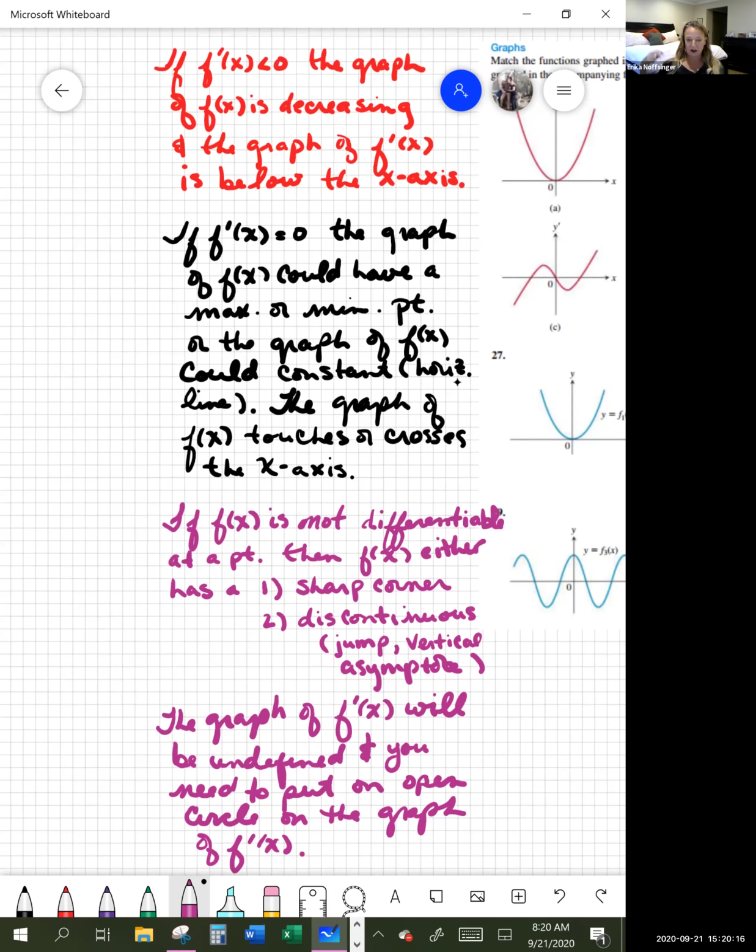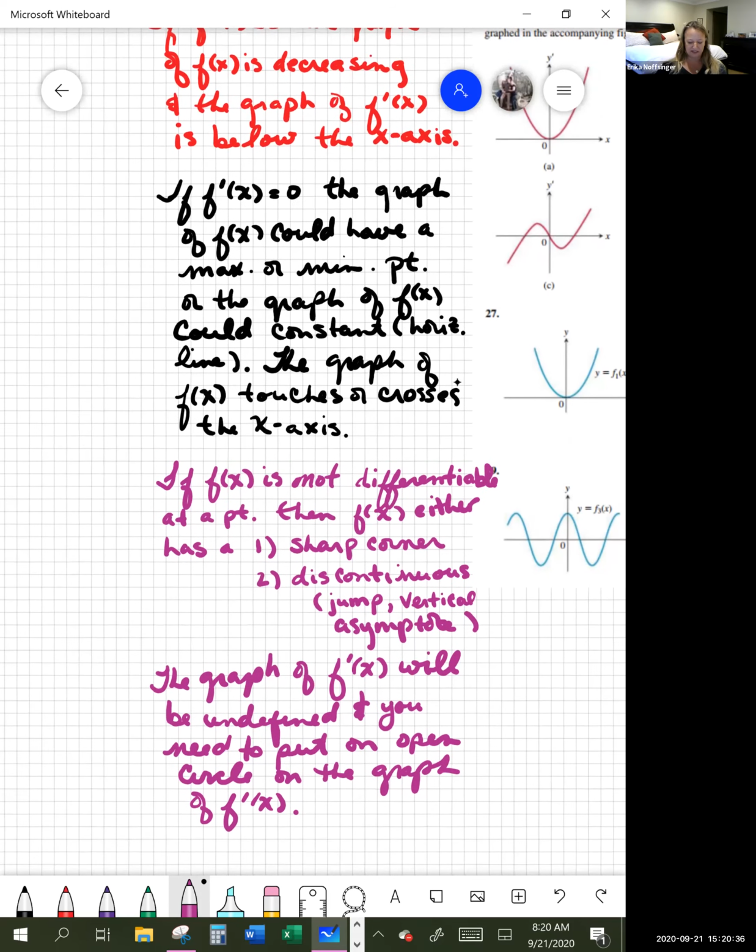We're going to look at when our graph has max or mins, so peaks or valleys, or where it's constant, a horizontal line in our graph of f of x. That's where the graph is either going to be touching or crossing that x-axis. And then we need to look at whether it is differentiable at any values. From there, we can start putting things together and getting a graph of what the derivative function would look like.